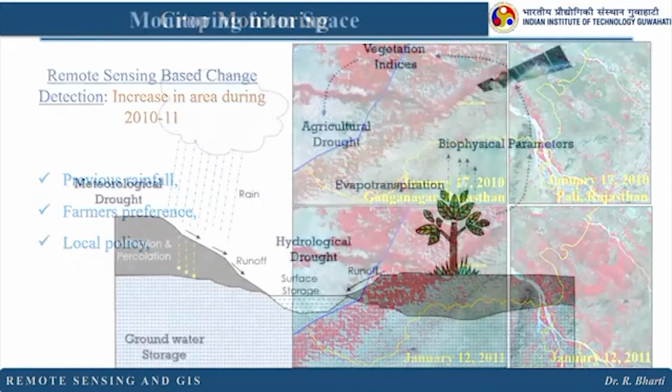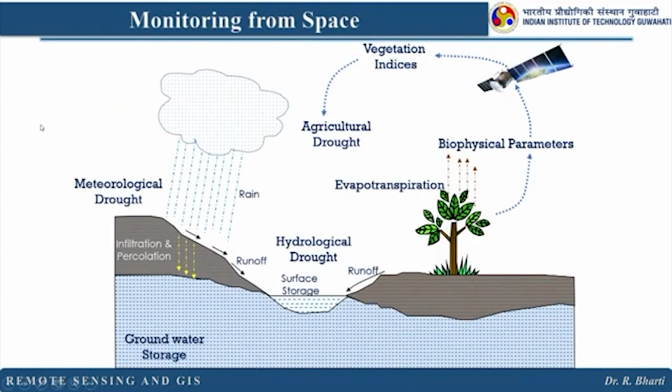Now let us see what the different aspects are that you can monitor from space. Let us see one by one. Here you can see this is groundwater storage, and there are different components here, and all of them can be monitored by remote sensing and GIS.